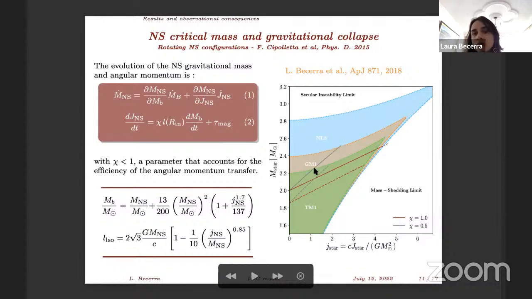And at this limit, we know the star is unstable to axisymmetric perturbations. So later, on a dynamical time scale, the star will collapse to a black hole. So it is possible that the star collapses, and this happens for a short orbital period and low energy of the supernova.